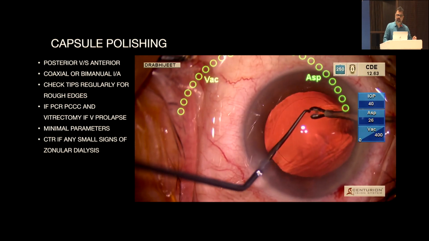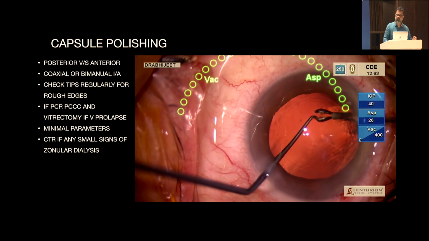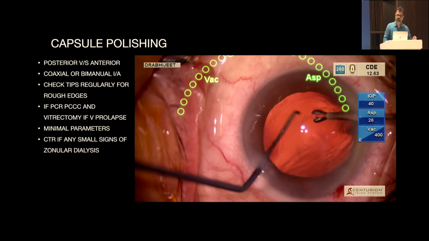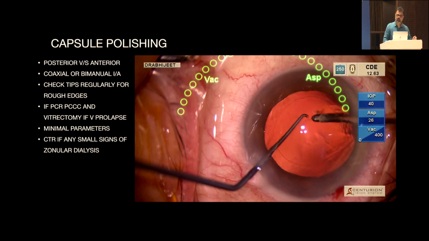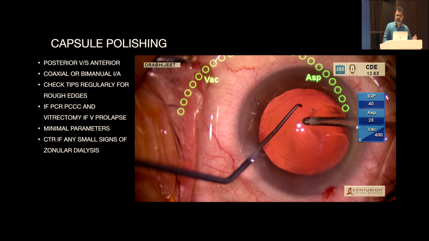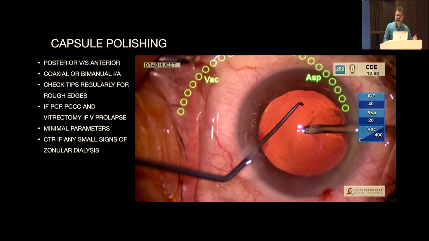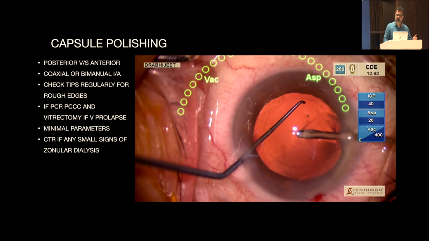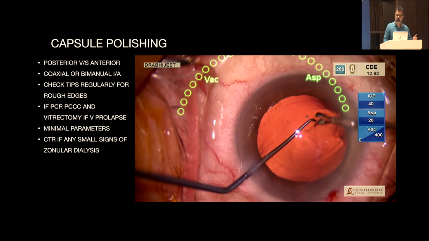Here I'm using a dialer to feed that flap to my rhexis forceps. So I try to do it from the other side. It's not happening, so I do it from the other side instead.